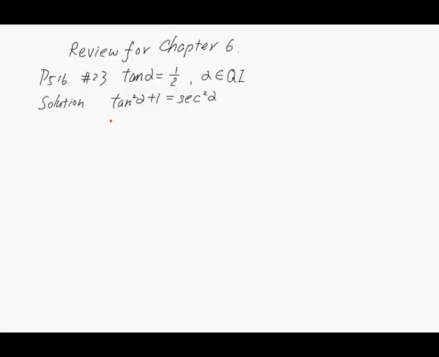Since alpha is in quadrant 1, secant alpha is positive, right? So secant alpha is equal to the square root of tangent square alpha plus 1. Now you plug in 1/2 for this tangent alpha, you have the square of 1/2 plus 1. Then you take the square root.